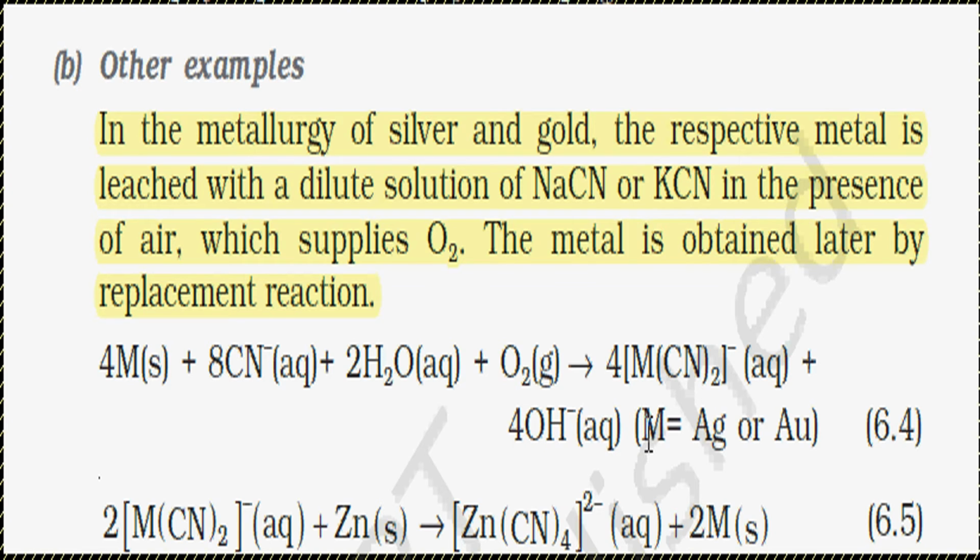Now over here, instead of CN minus, you can write down KCN or NaCN, and it will form the complex with K, that is K[M(CN)2], and further KOH.